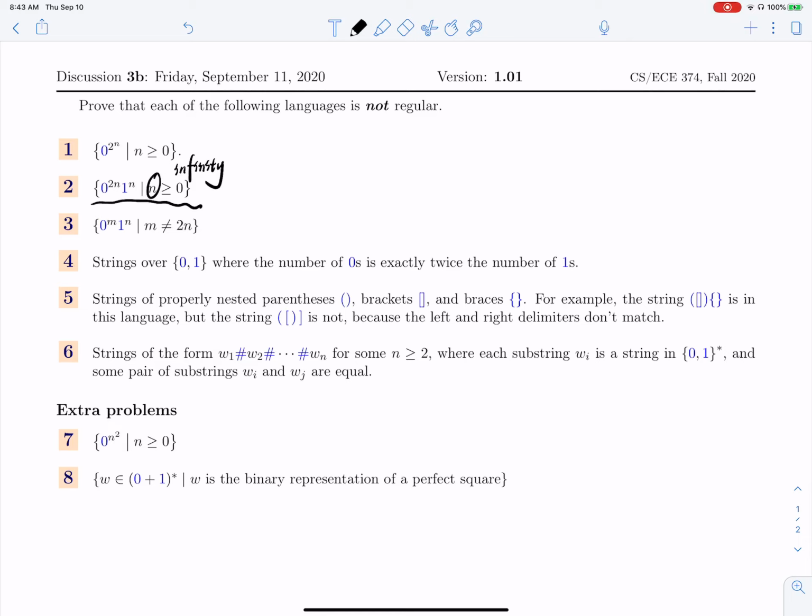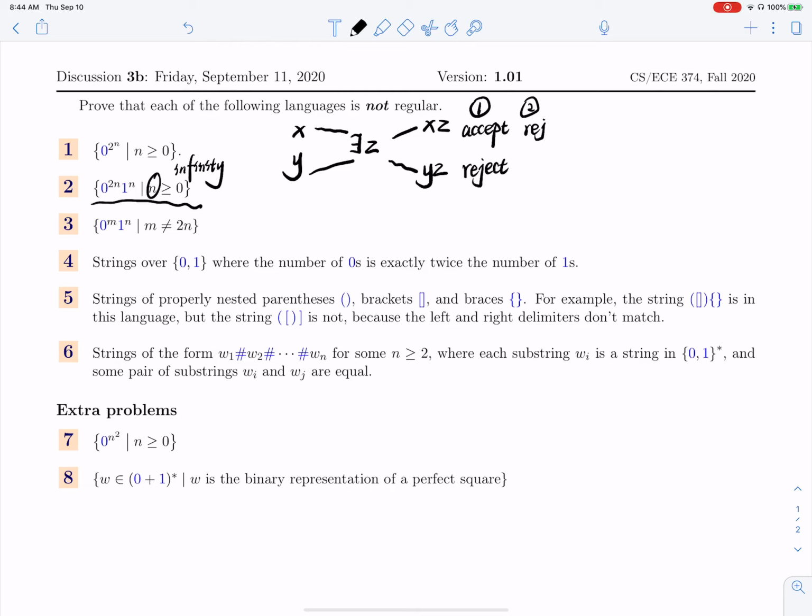First, we need to find, for any two arbitrary strings x and y, if there exists a string z such that, when concatenated, they become xz and yz, and only one of two situations happens: the language accepts xz and rejects yz, or it rejects xz and accepts yz.